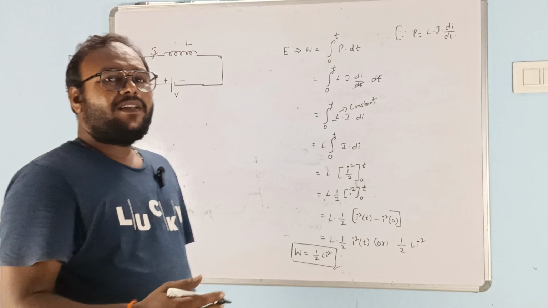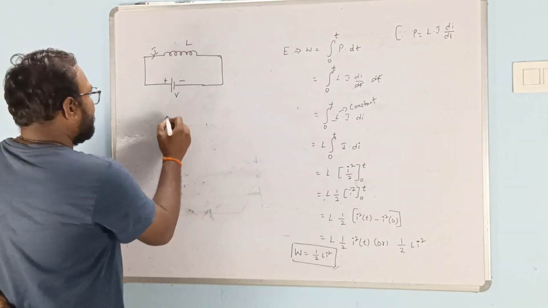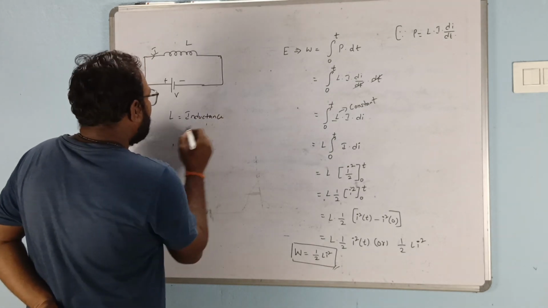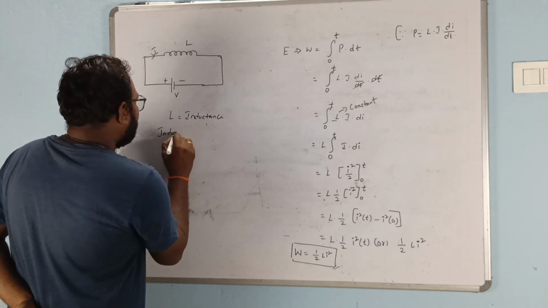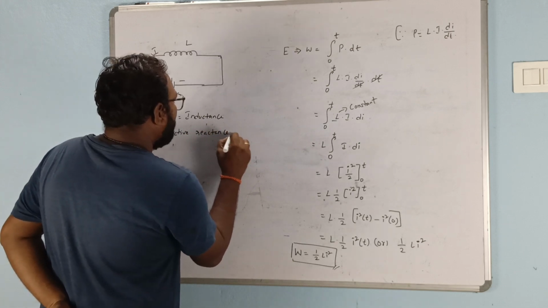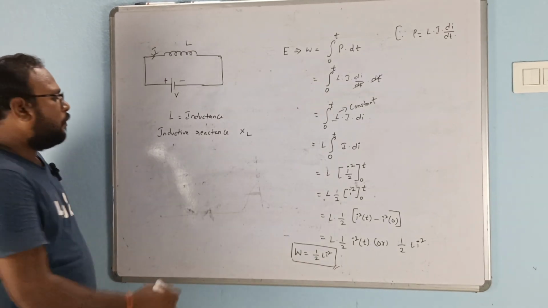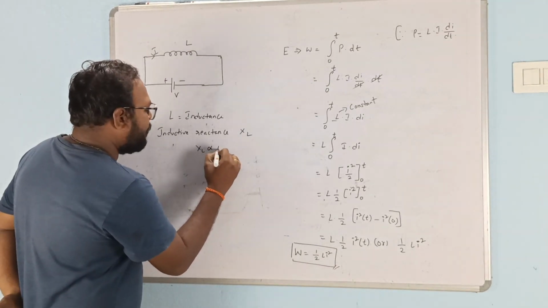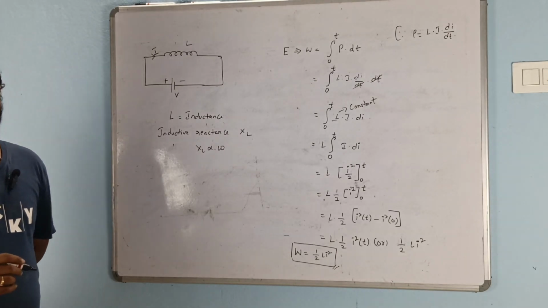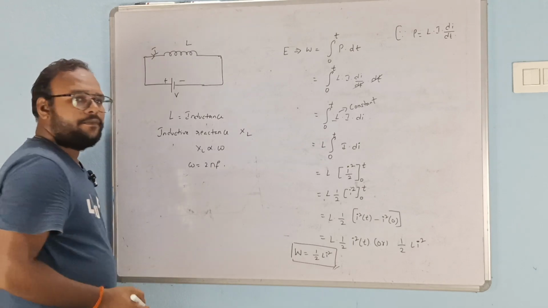Now let's see what the reactance is. L is the inductance. Inductive reactance XL is directly proportional to the angular frequency omega, and we know that omega is equal to 2 pi f.